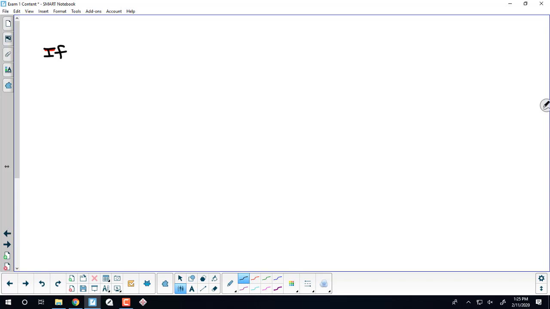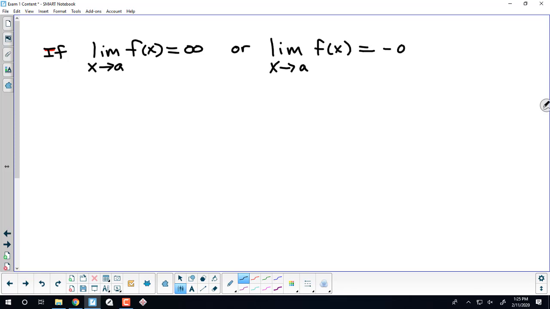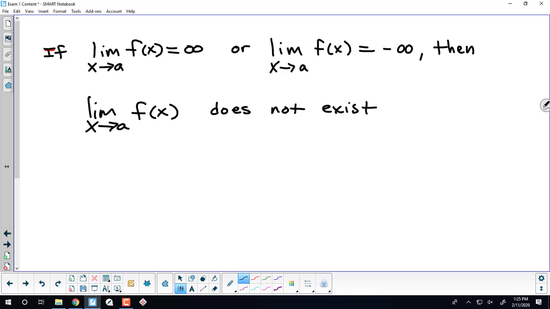Question 1: if the limit as x approaches a of f of x is infinity, or the limit as x approaches a of f of x is negative infinity, then the limit as x approaches a of f of x does not exist. So I guess true or false?